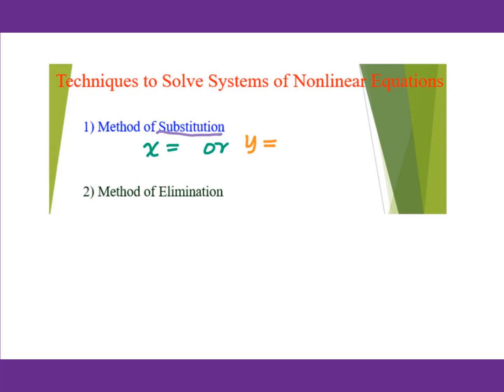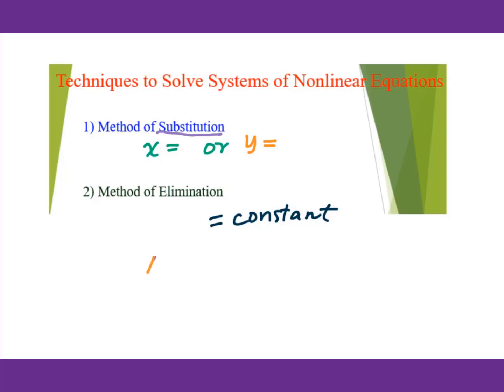For the method of elimination, normally, first of all, you have to set up equals. This part is a constant number. Then try to get opposite x squared or y squared.